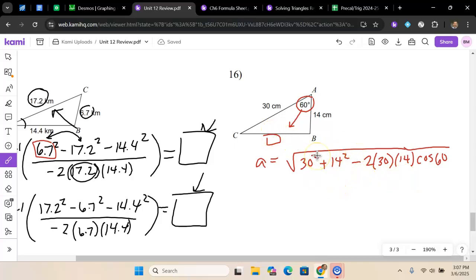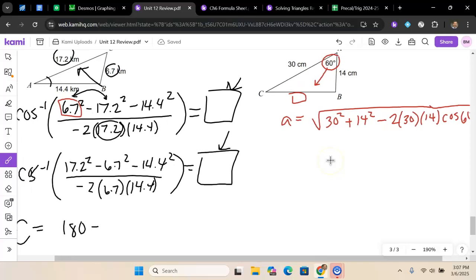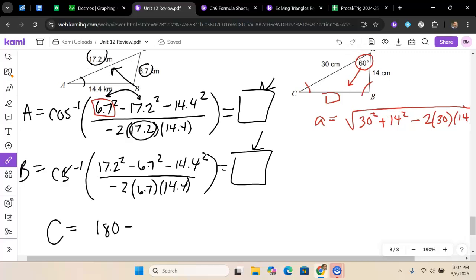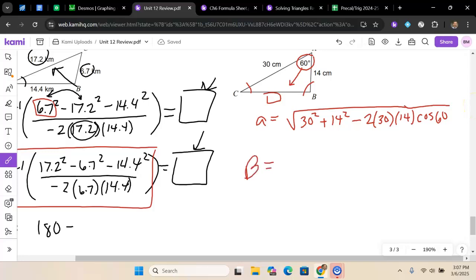Once I had that, then I would need to find angle B or angle C, and I would do essentially like this to find angle B. Angle B would be the inverse cosine of b squared minus whatever a squared is, which I would have from this first calculation, minus c squared, which would be 14 squared, over negative 2 times a times 14.